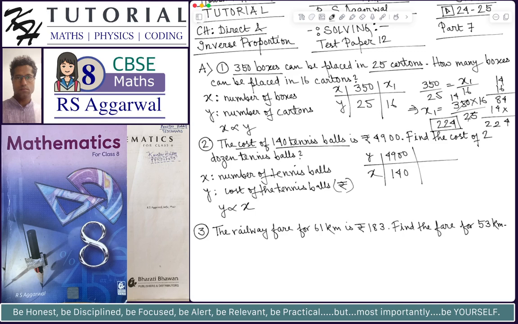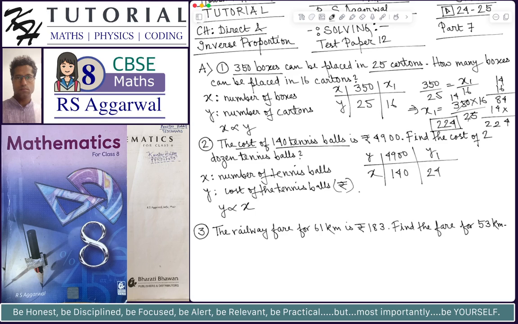2 dozen means 24. So let us assume that the cost of 2 dozen, that is 24 tennis balls, is y1 rupees. Since y is directly varying with the quantity x, we must have y by x is a constant.